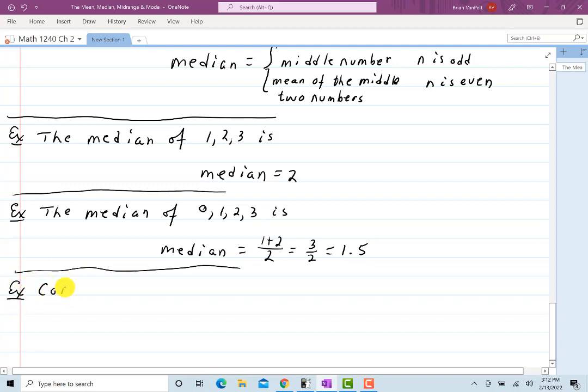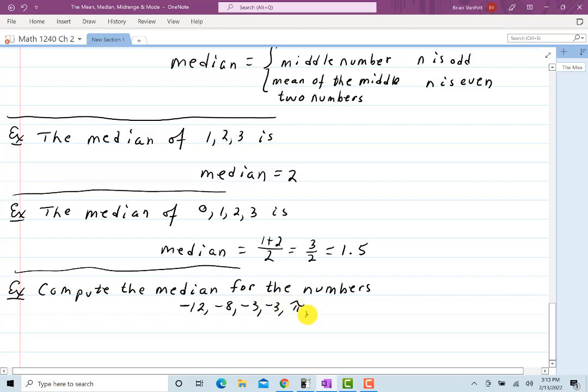Next, compute the median for the numbers. Here we have negative 12, negative 8, negative 3, pi, 17, 29, 47.